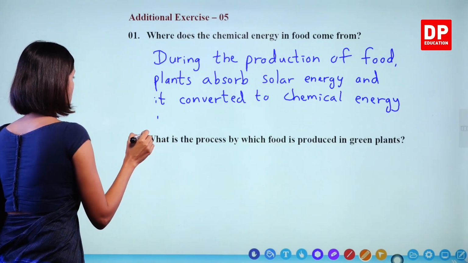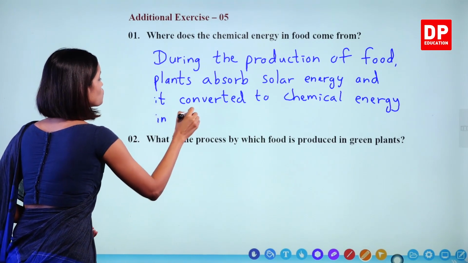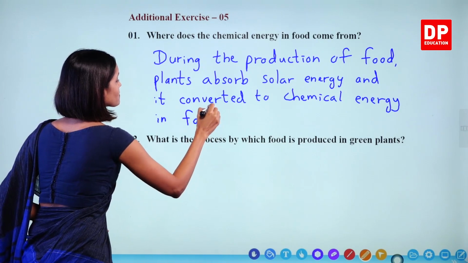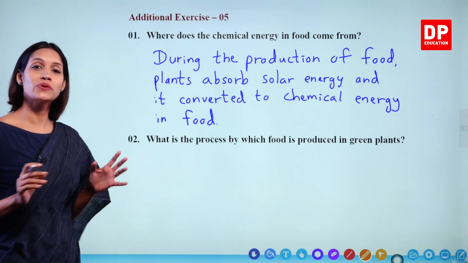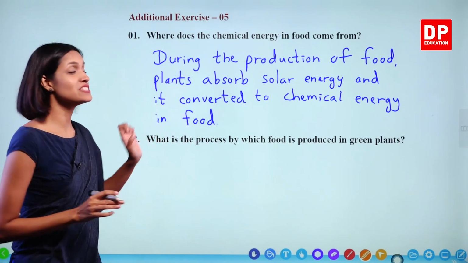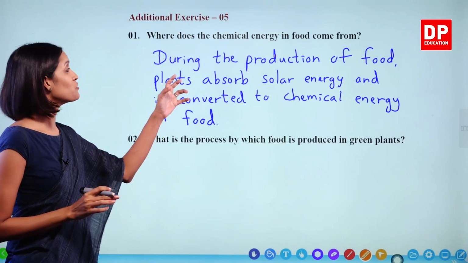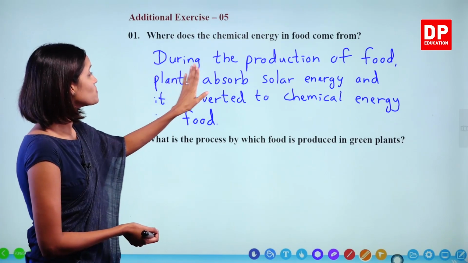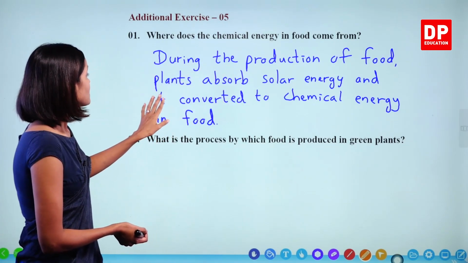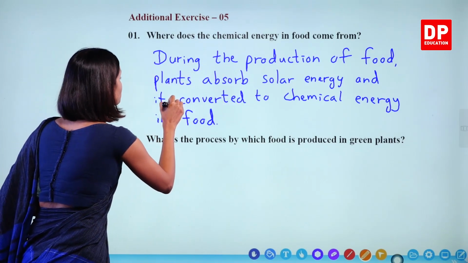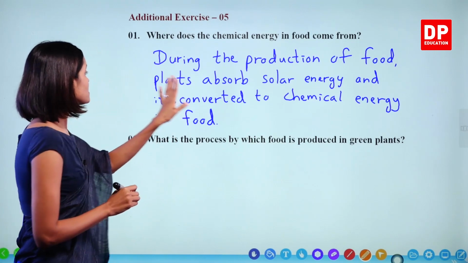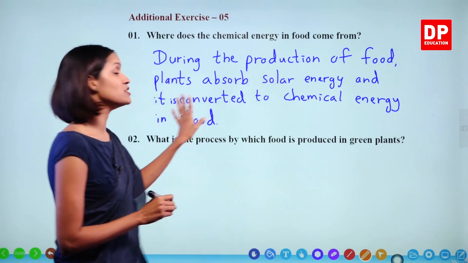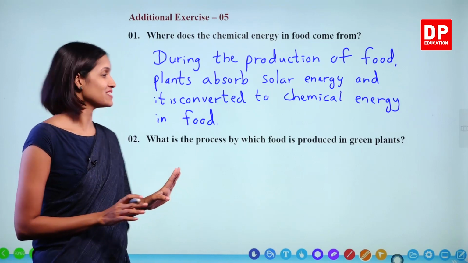Okay, children. So what is the energy conversion that takes place during photosynthesis or during production of food in plants? Plants absorb solar energy and it is converted to chemical energy in food. Okay, children.